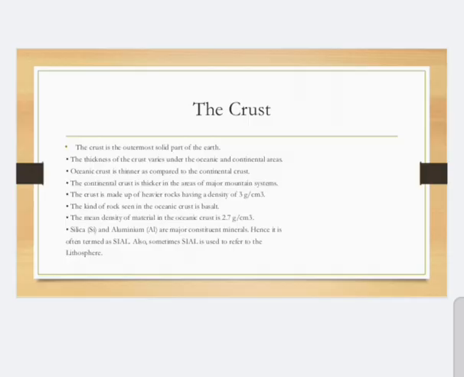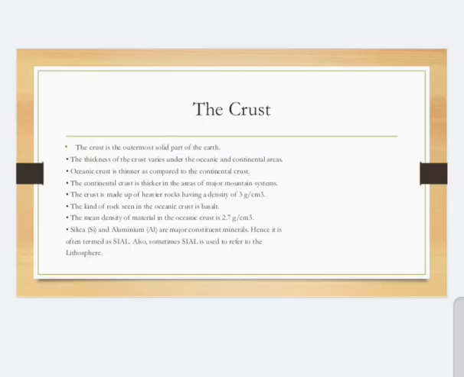So first is the crust. The crust is the outermost solid part of the earth. The thickness of the crust varies under the oceanic and continental areas. Oceanic crust is thinner compared to the continental crust. The continental crust is thicker in the areas of major mountain systems.